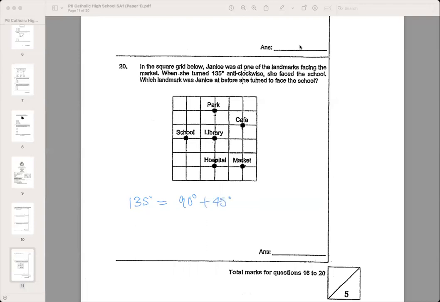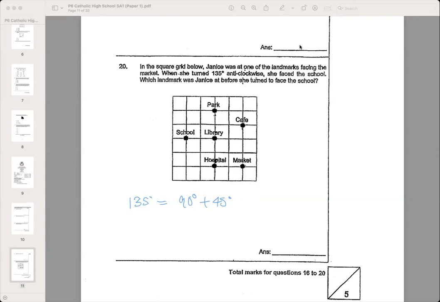So Janice was at one landmark facing the market, and then she turned 135 degrees anti-clockwise. Oh, okay. So she was facing the market, and then she made a 45 degrees and then a 90 degrees anti-clockwise turn and faced the school.